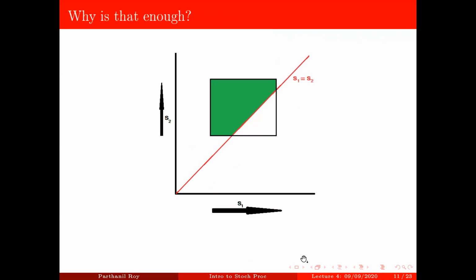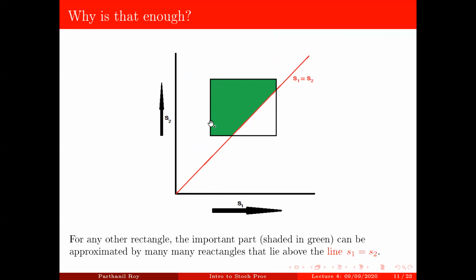Why is it so? This is because if you take any other rectangle and want to take the integral on that rectangle and show the thing, then what would matter is this green part. The integral will get reduced to an integral on this green part. And the probability also will get reduced to a probability on this part. And then this part can be approximated by a union of many, many rectangles, all of which will lie on this side of S1 equal to S2.